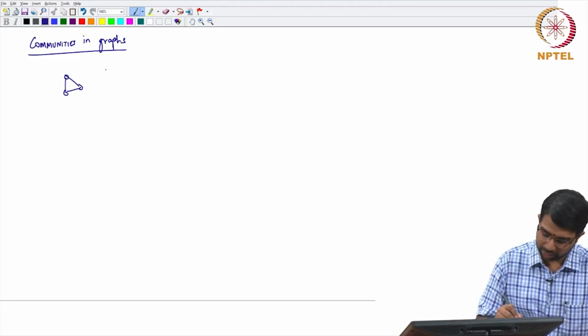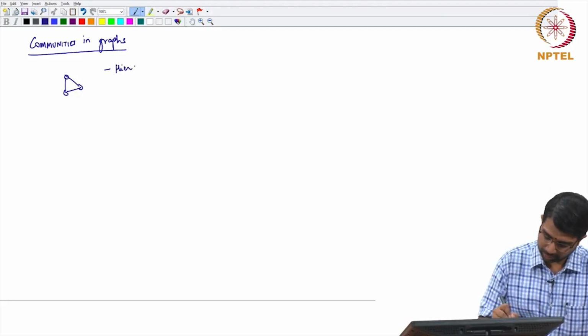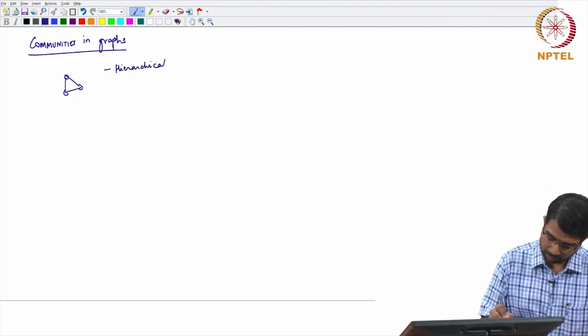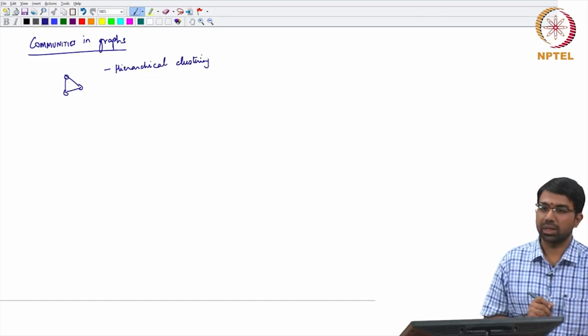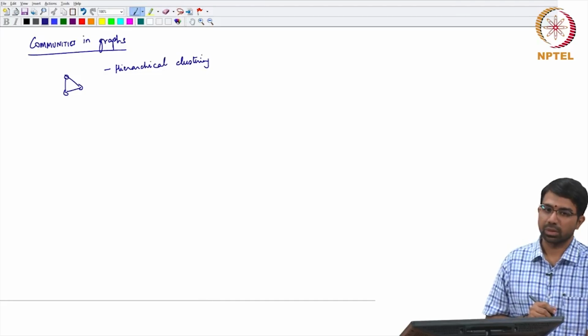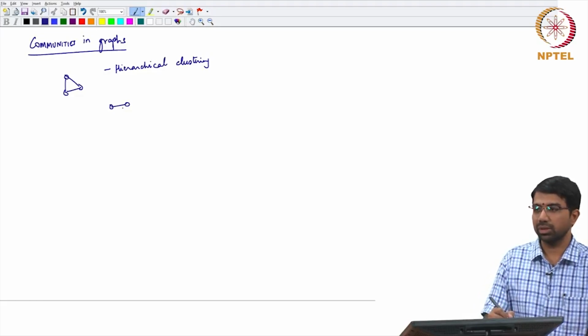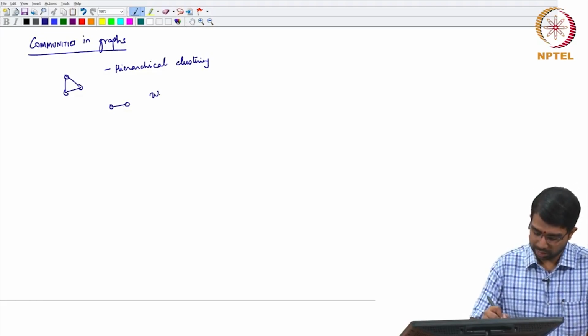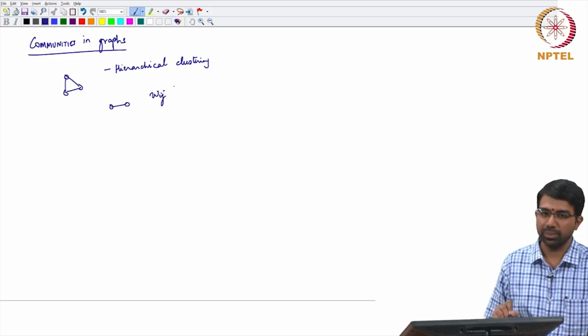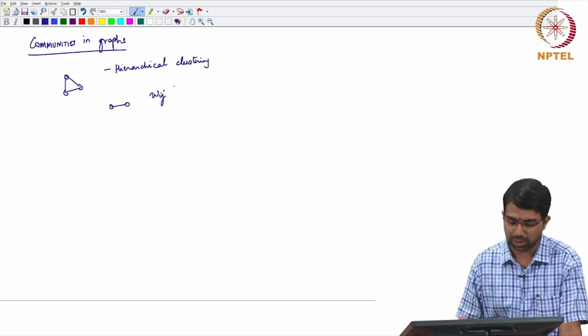One way we looked at was using hierarchical clustering, right. You first connect the nodes that are closest to each other based on some metric. So, you can have some metric wij which tells you how close two nodes are.